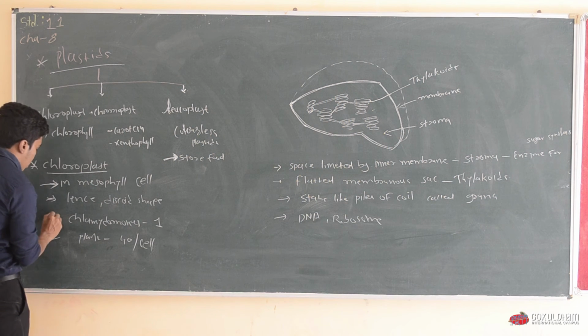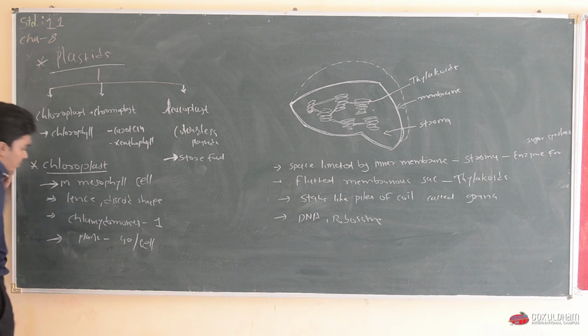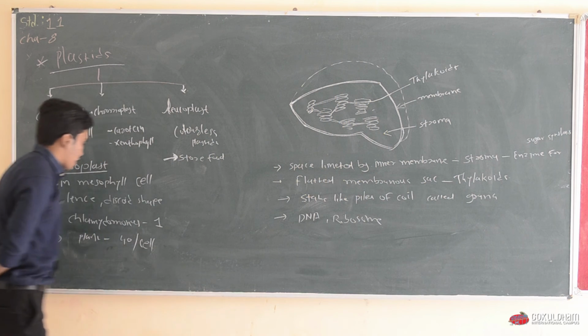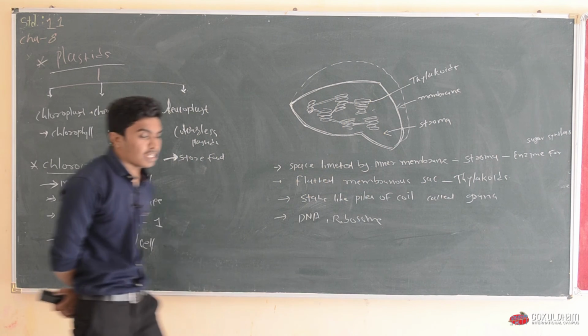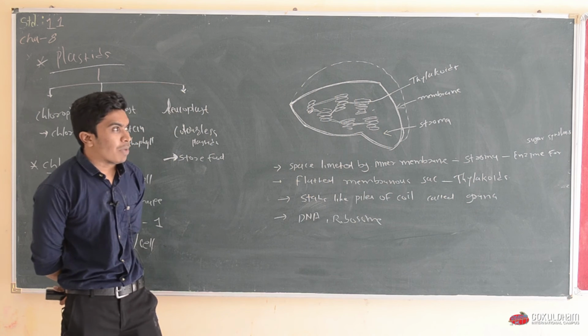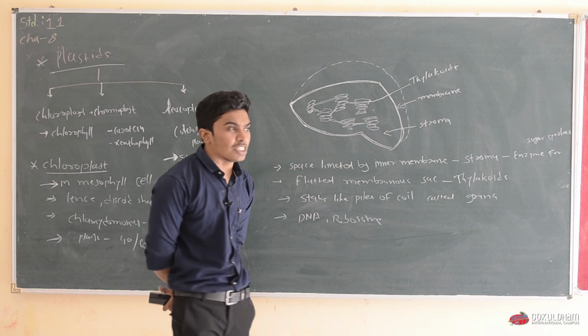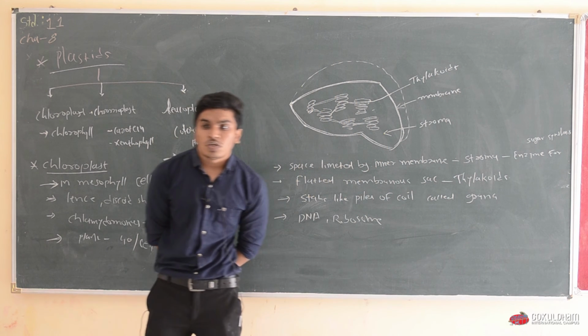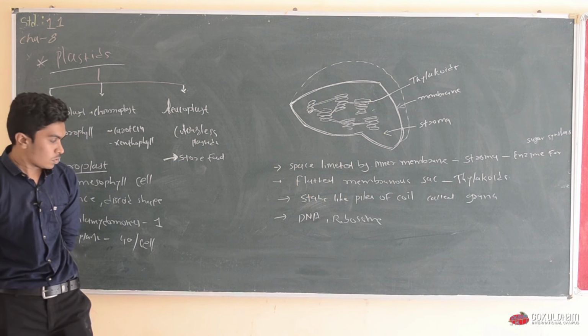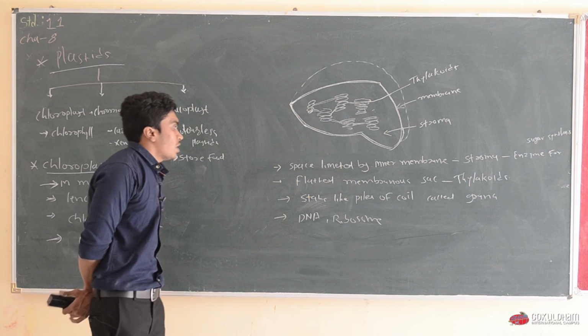And the chloroplast in plants is present in different numbers also. For example, in Chlamydomonas, there is one chloroplast in one cell, whereas in plants and other higher organisms there are 40 to 50 chloroplasts per cell.